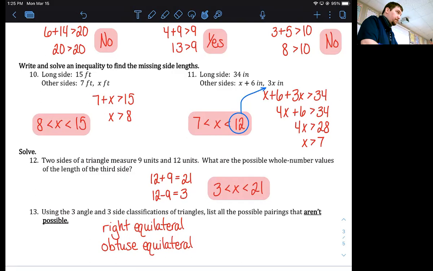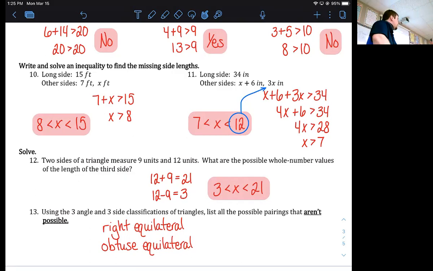And then if the 12 units was the bigger one, I put X has to be less than or equal to 12 and greater than 3. Okay, so combine those two inequalities together. The 12 is consistent on both of them, right? Take the 12 out, and now you've got X has to be greater than 3, but less than 21, and you're good. It can be 12. Both those say it could be 12, right?